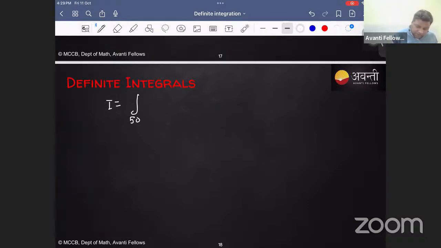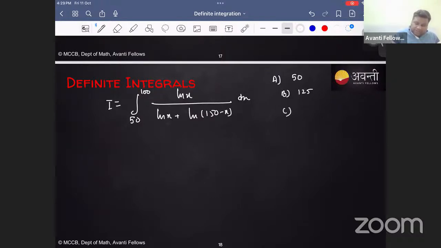Integration from 50 to 100 of ln x upon (ln x plus ln of (150 minus x)) dx. Quickly tell me the answer. A option is 50, B option is 125, C option is 25, and D option is 100.